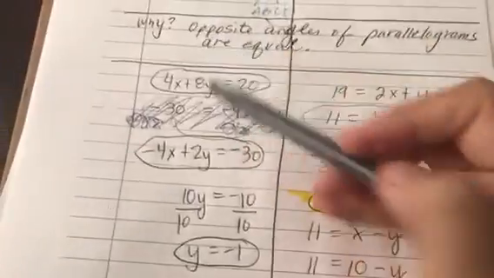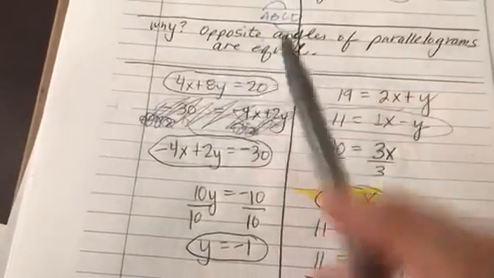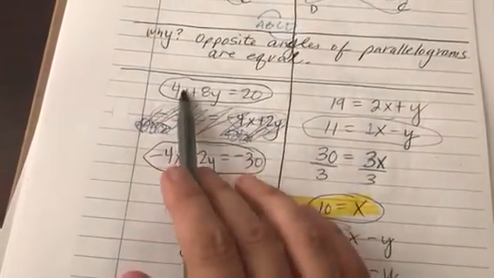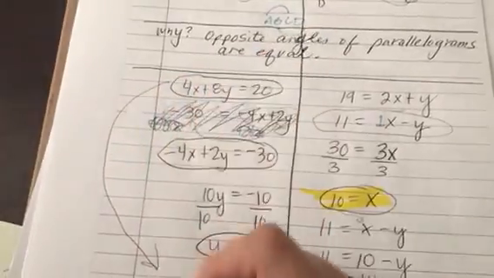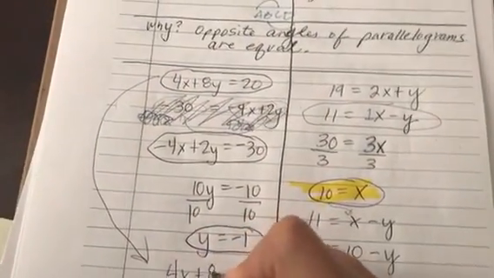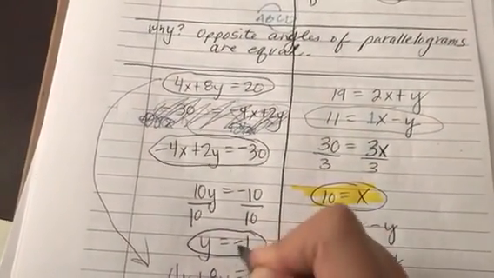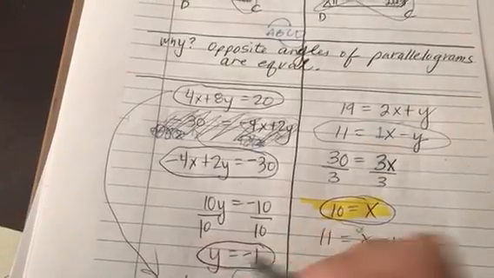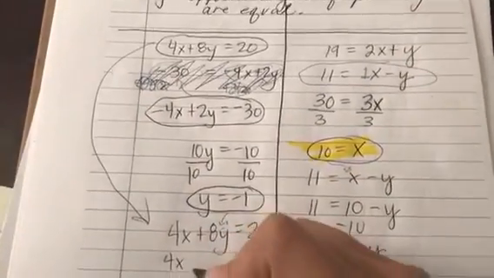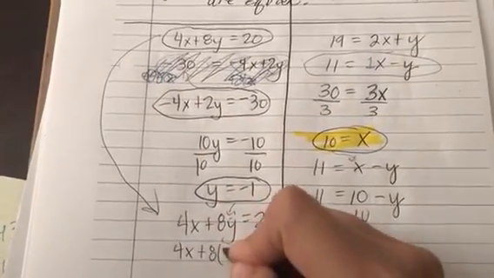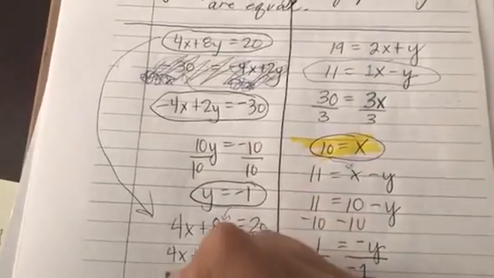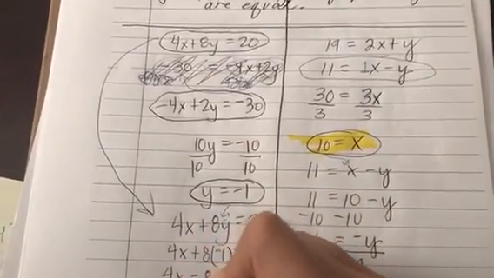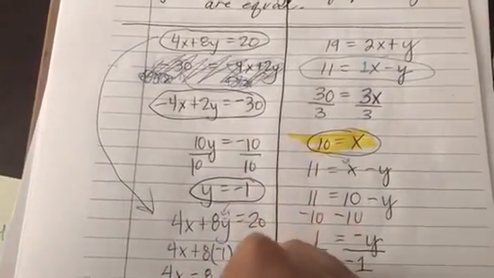Now I just need either of these equations to plug back in to solve the mystery of the x. So I'm just going to rewrite this first equation. 4x plus 8y is 20. I know y is negative 1. So 4x plus 8 times a negative 1 is 20. So 4x minus 8 is 20.